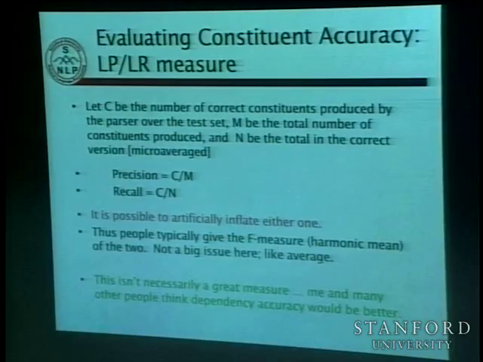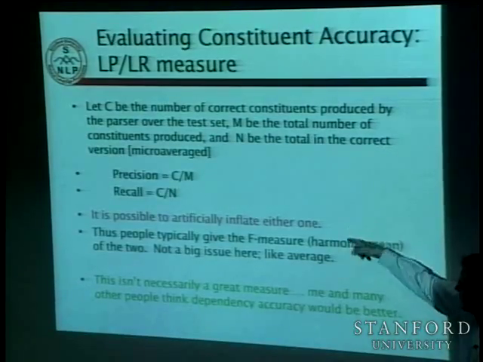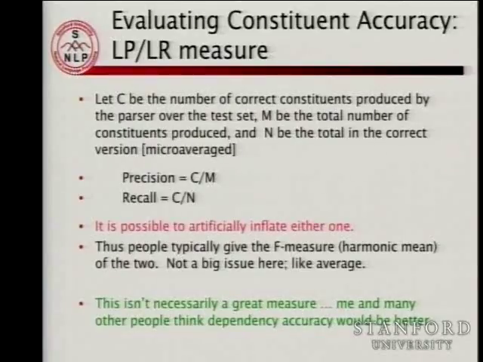Okay. And so then just like before, the standard thing to do is to give the F measure of precision and recall. The standard is to use F measure, but in this particular application, the F measure is essentially not that interesting.